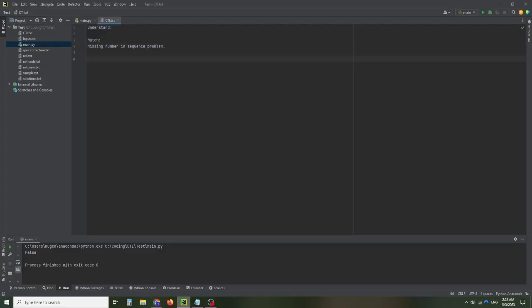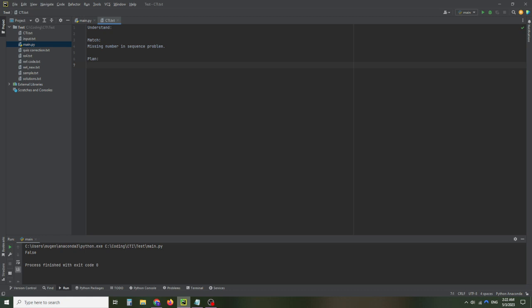So it's very similar to the missing number sequence problem, where I just need to add and then subtract the input list, and that was my missing number. Here I'm actually just comparing the summation of the input and the sequence summation, and I just need to see if they are equal to each other, and count how many times they are equal.